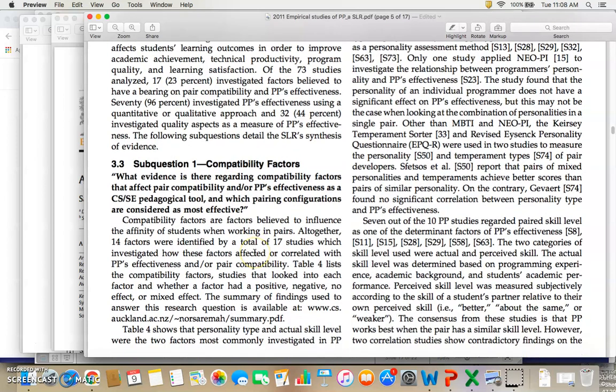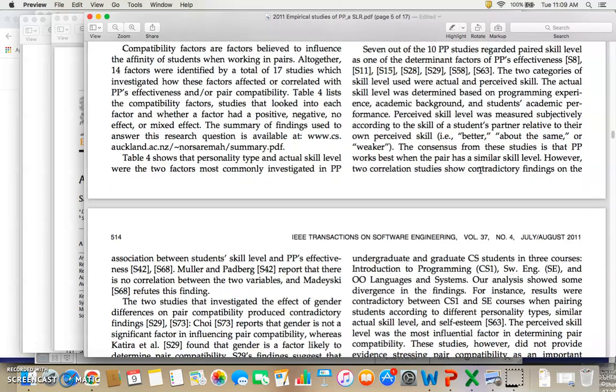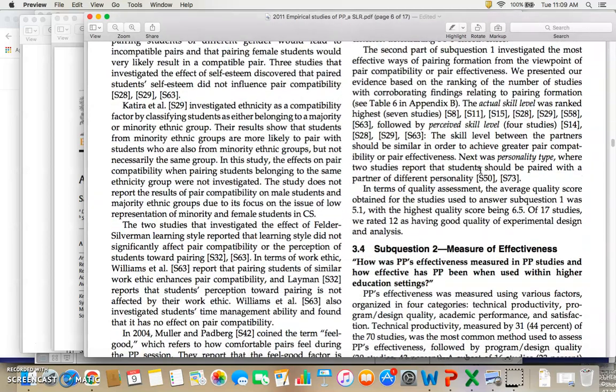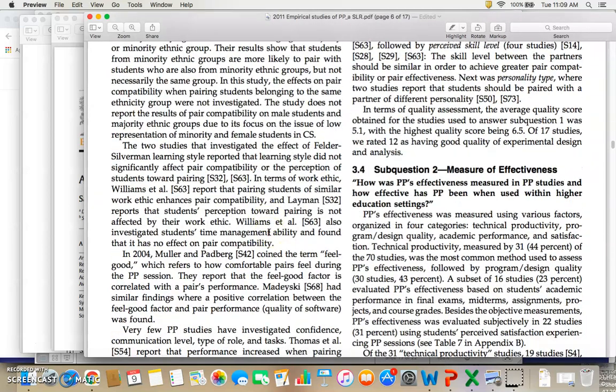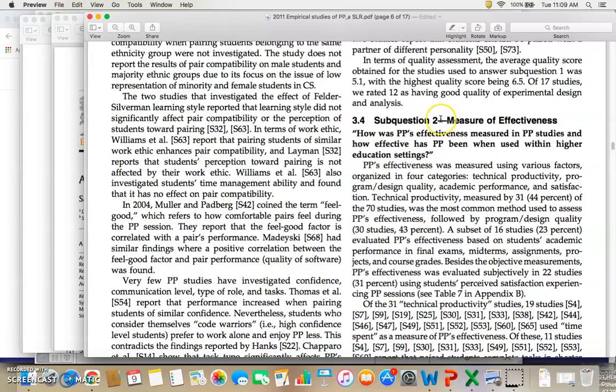Of course we inform the results, but there are parts where we explain why the result is so and so. Right, I'll show you. And this answers sub question 1. This is narrative, because I'm describing the results, and how the effectiveness of pair programming was measured.